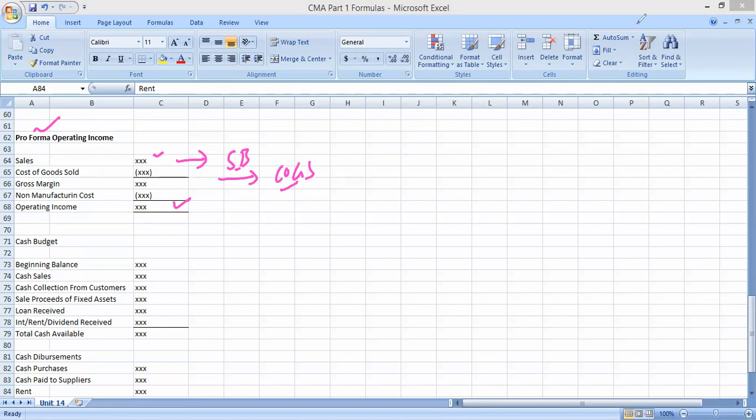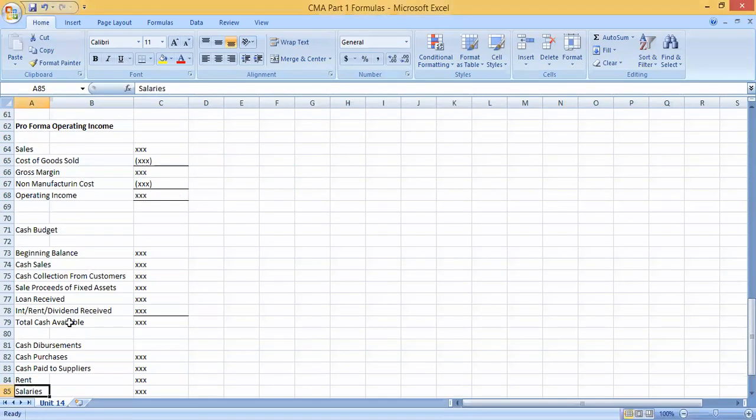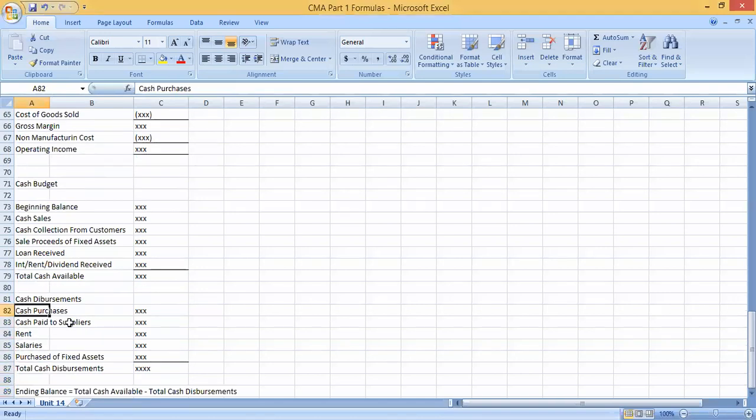The last formula for this unit is related to the cash budget. Students, the cash budget is one of the planning tools that helps us project how much cash we are expecting to receive in the future and how much payments we need to make in the future. Here, very simple, you write the beginning balance.